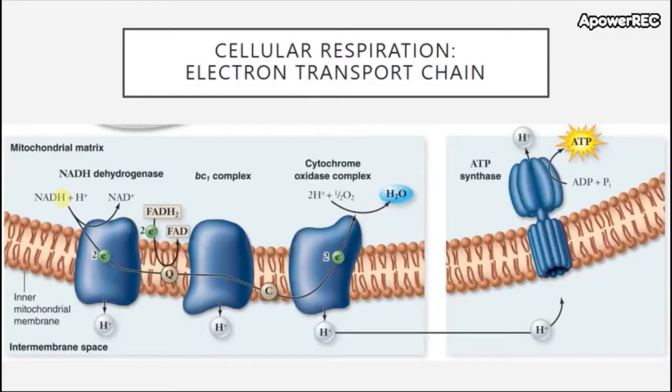So now, I want you to imagine what would happen if there was no oxygen waiting at the end. If we were to have our electron carriers in the beginning here, and they donated their electrons, we can see that those electrons travel through the chain and end up with oxygen in the end.